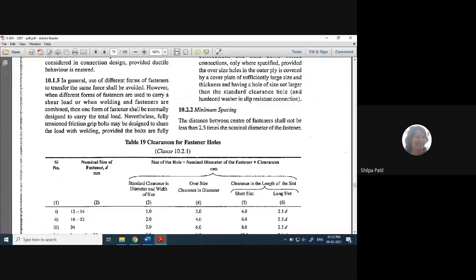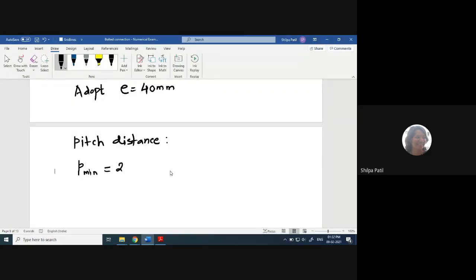The distance between centers of fasteners shall not be less than 2.5 times the nominal diameter of the fastener. That is the minimum value. So pitch value minimum is given as 2.5 times the diameter d. So it is 2.5 multiplied by 16, 40 mm.